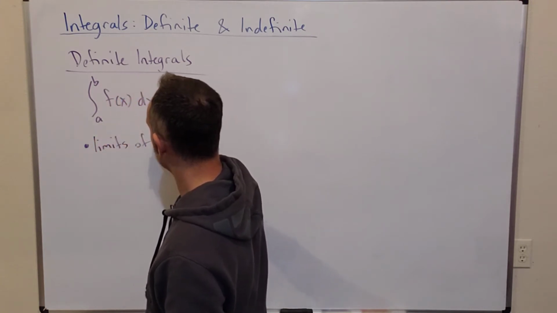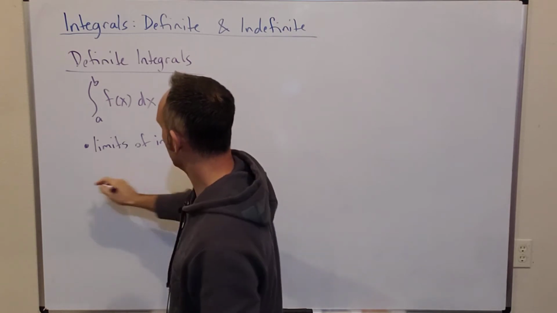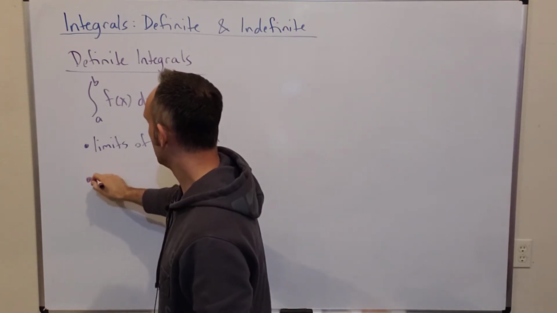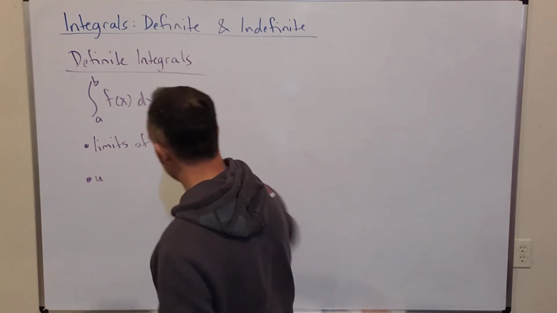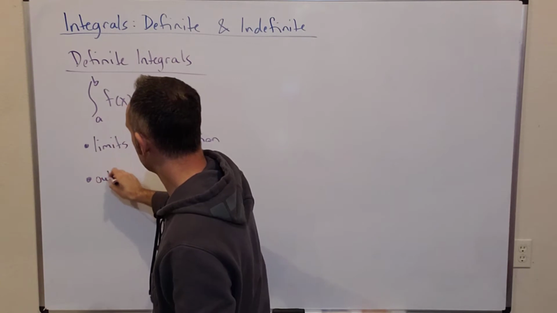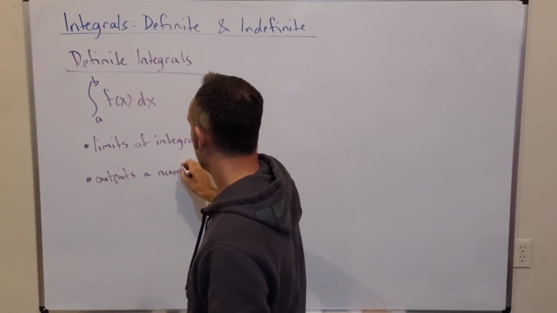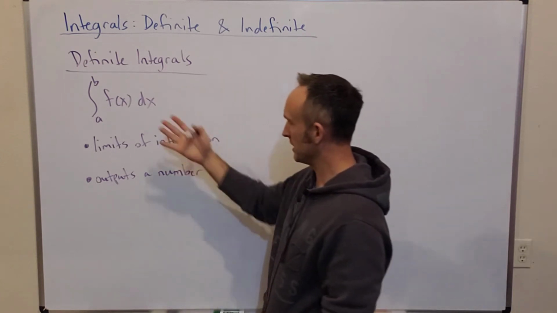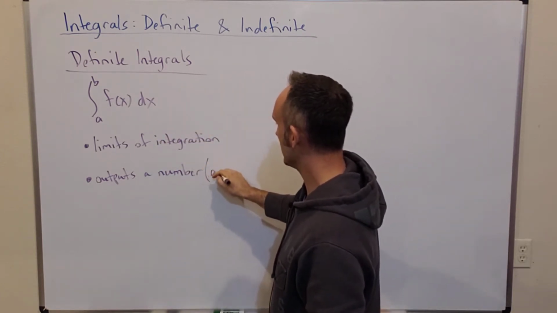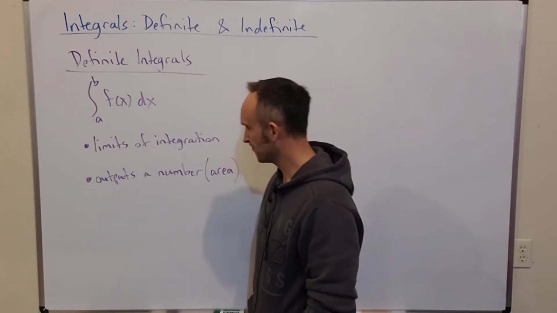Limits of integration. And what it outputs is a number. The reason it outputs a number is because it represents the area under the curve from a to b.